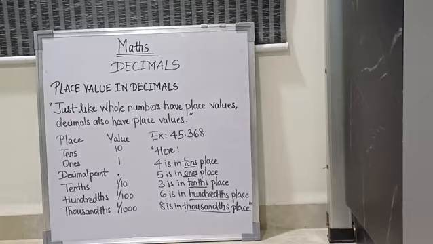You got the point again with the example 45 decimal point 368. Here 4 is in the tens place, 5 is in the ones place, 3 is in the tenths place, 6 is in the hundredths place, 8 is in the thousandths place. Okay, so here we complete place value in decimals.